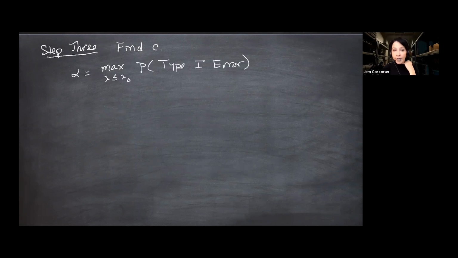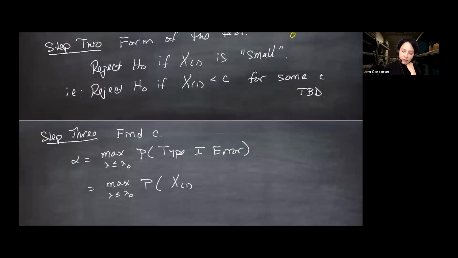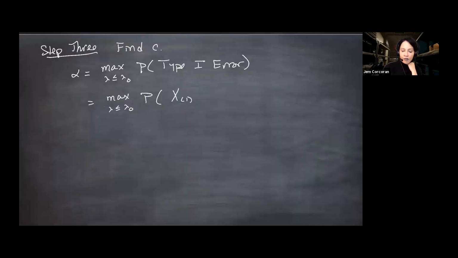And a type 1 error means you rejected the null hypothesis when you shouldn't. So this is the maximum over all lambda less than or equal to lambda naught. The probability that X minimum is small, because that is the form of the rejection rule we came up with. So smaller than some C when the parameter is lambda.